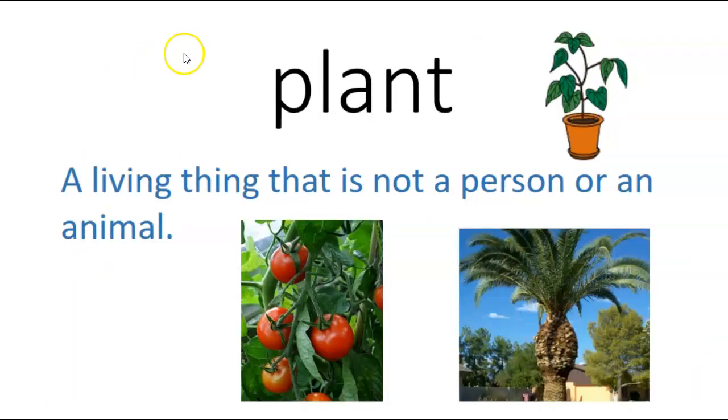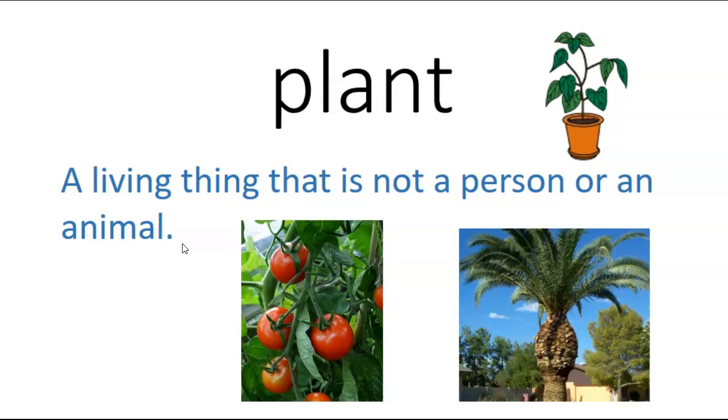Our next vocabulary word is plant. Say plant out loud, or write it, or type it, or touch it. Plant. A plant is a living thing that is not a person or an animal.